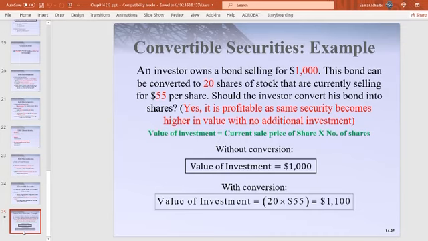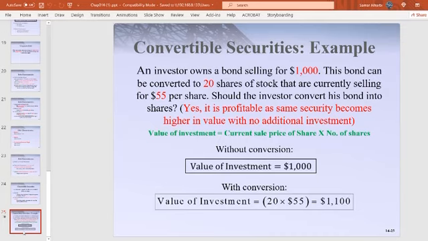So what is the price for it? 20 multiplied by 55 is how much? $1,100, right? So it can be converted to shares and it can become $1,100. Now, if I just have the bond, how much is the bond? 1,000. But if I convert it to shares, how much is the value? 1,100. That means it is beneficial.